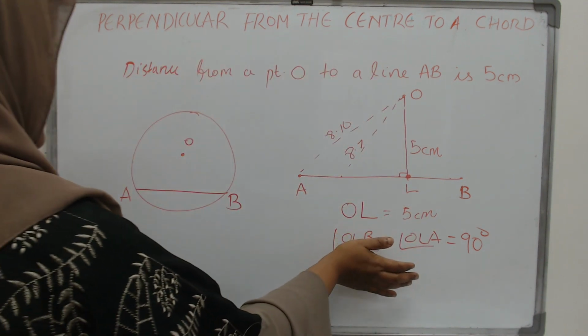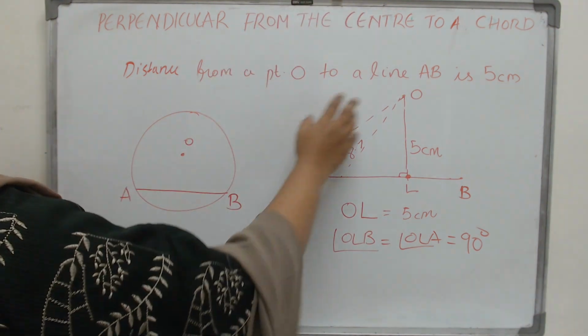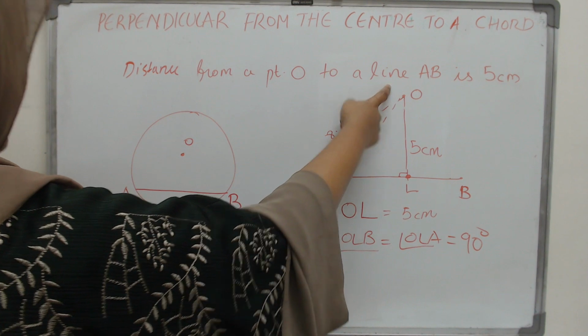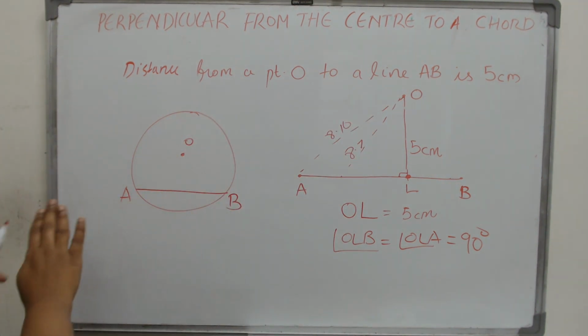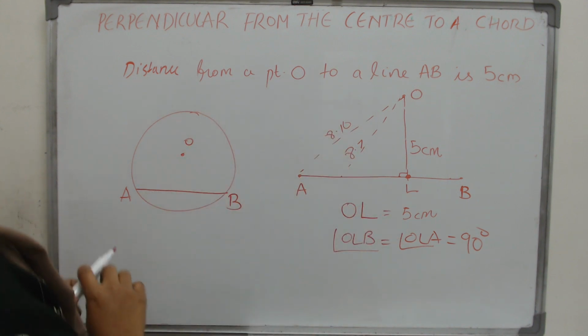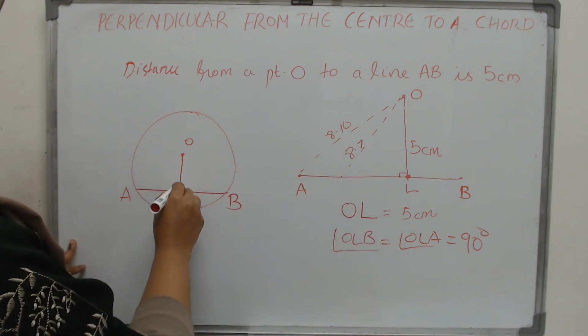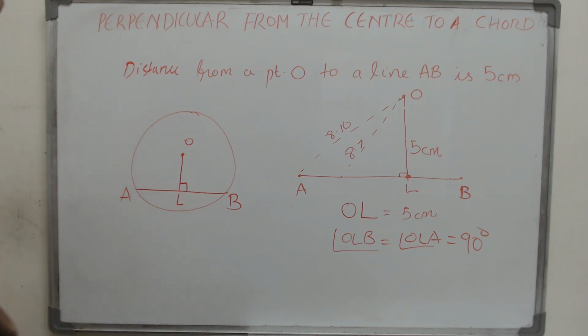Now let us transfer the same concept to a circle. So instead of any point and any line, you have the center and you have the chord, but the concept is the same. When you say distance, remember you always mean the perpendicular distance.